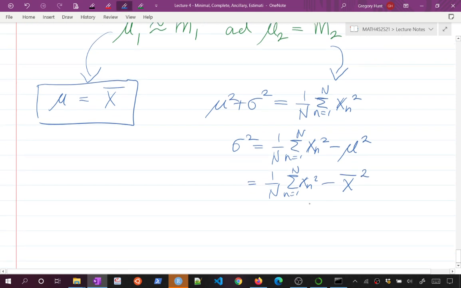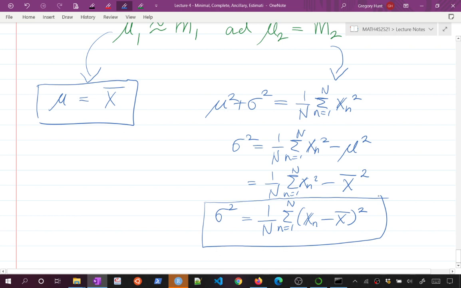And indeed, if I do that, one can show, and you can think about how to do the algebra, that this is basically the average sum of the squares minus the average squared. This is equivalent to 1 over n times the sum of the xn's minus x bar squared. And so that would be isolated sigma squared.